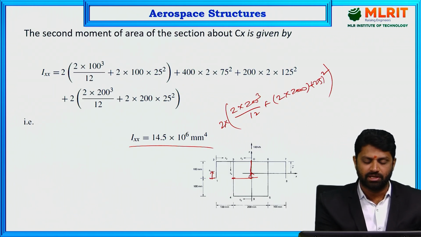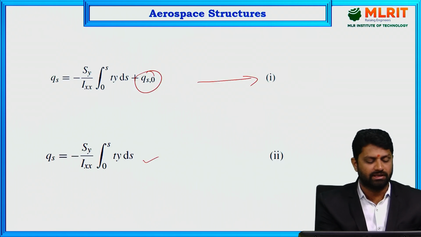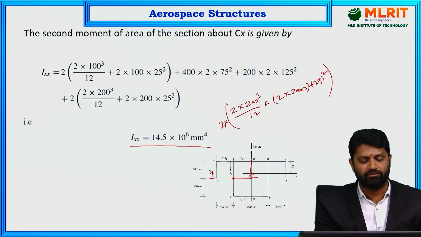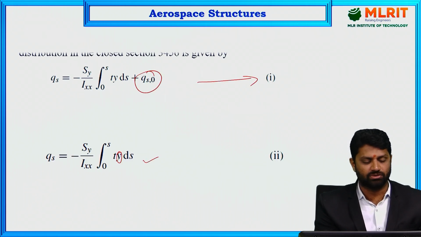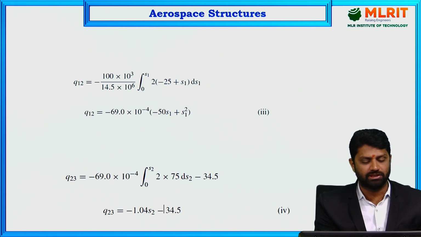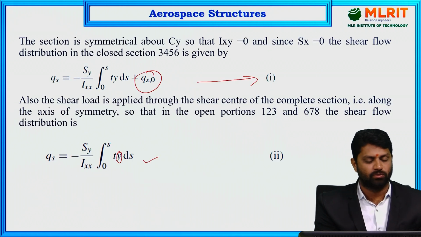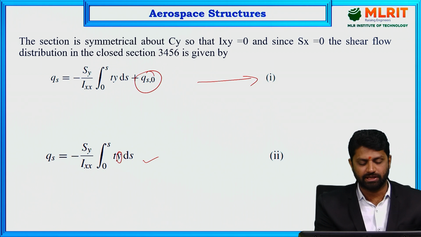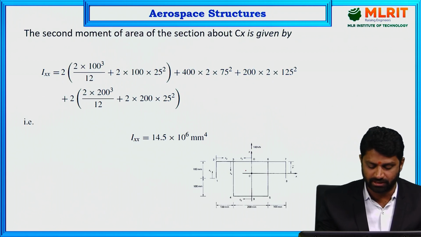Now in the formula we have T into Y into ds, so we just need to substitute what Y is. From the diagram, Y we need to measure from the centroidal distance. Let's look into the diagram. S1 is considered from here to here, and the centroid of this part will be here, at a distance of 50, while the total figure centroid from here to here is 75 mm.